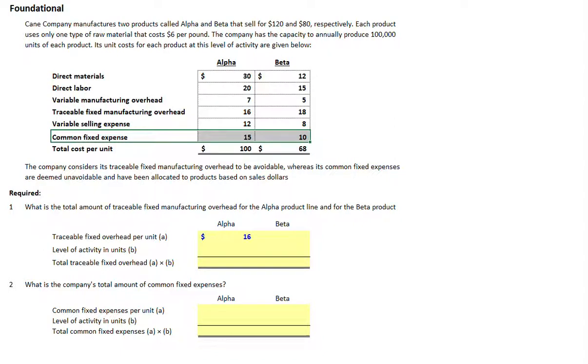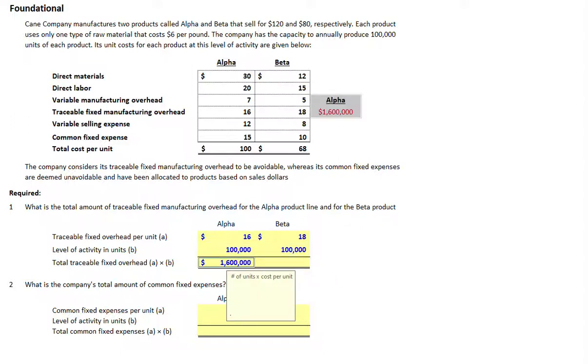So let's continue. We had the alphas at traceable fixed cost of $16 per unit. The betas are $18. And again, that's at 100,000 unit level of activity. So our total traceable fixed cost for alpha is $1.6 million, and for beta it's $1.8 million. The common fixed cost, and again, these are simply the ones that we're allocating.